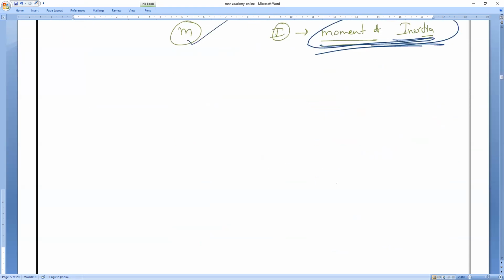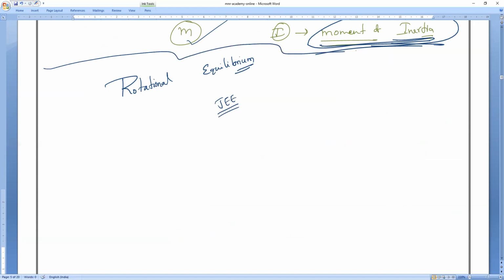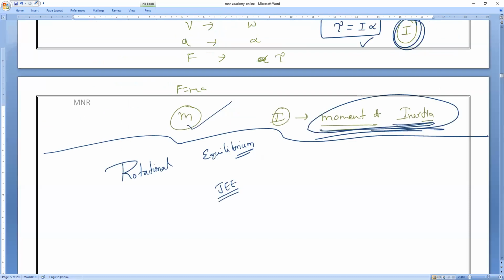Then in tomorrow's class, we are going to study the most important concept for IIT as well as NEET, which we call rotational equilibrium. This is one of the interesting concepts and also very important for NEET as well as JEE. So please make sure you have learned till here what we studied yesterday and the day before yesterday, because this is very difficult to understand and we are going to solve big sums in tomorrow's class.